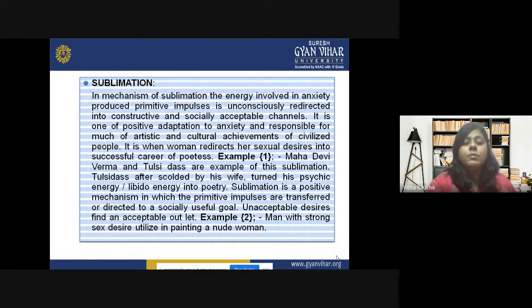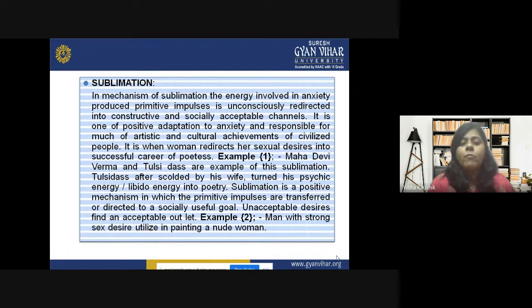Now, the next mechanism is sublimation. In the mechanism of sublimation, the energy involved in anxiety-producing primitive impulses is unconsciously redirected into constructive and socially acceptable channels.